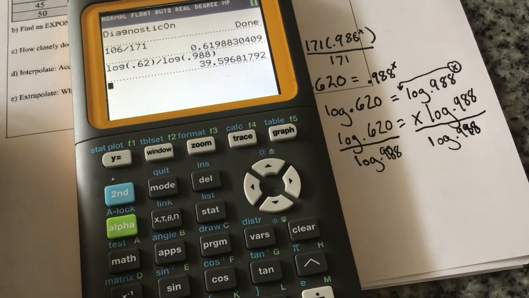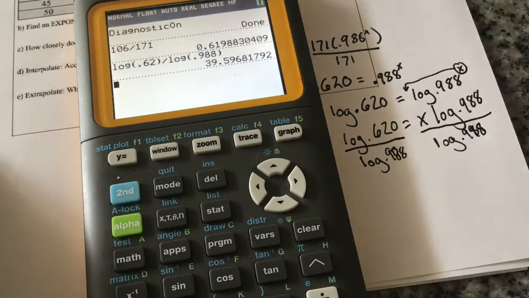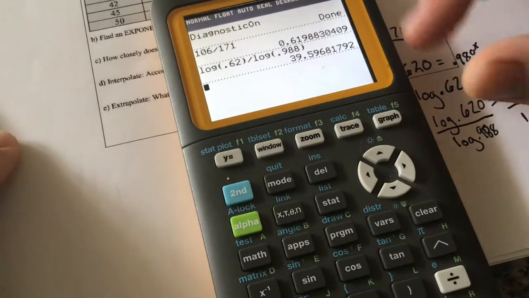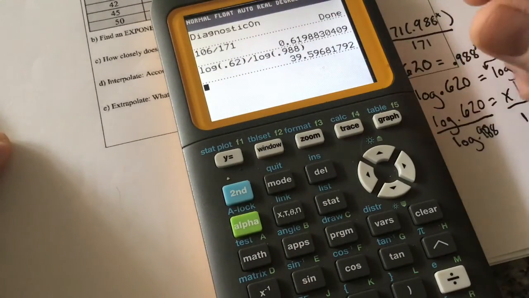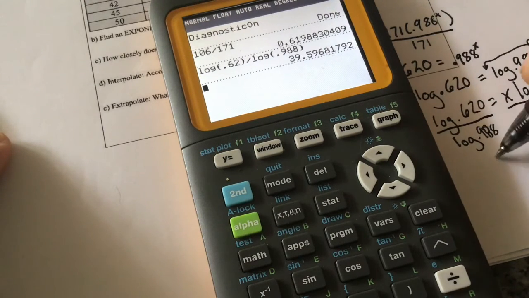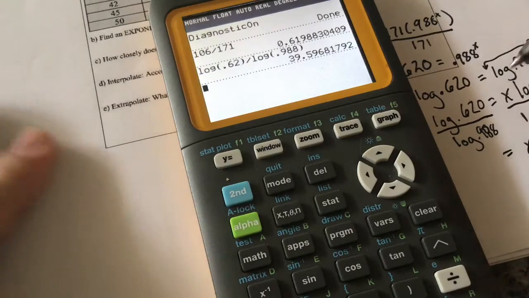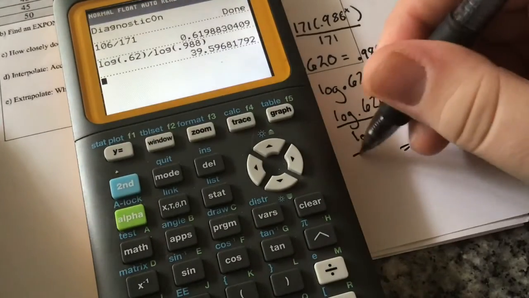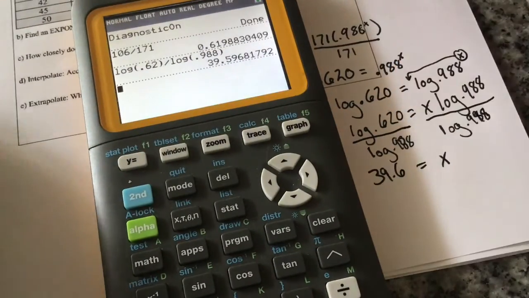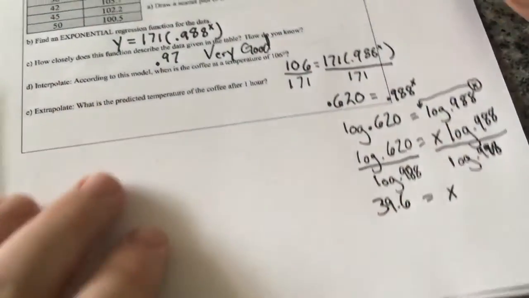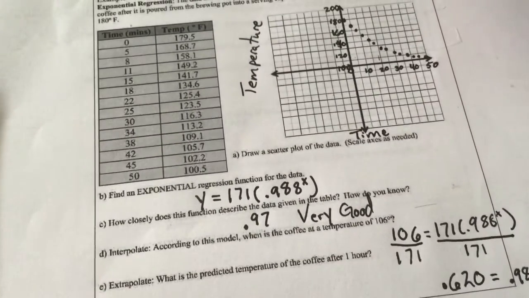So that tells us the number of minutes for it to reach 106 degrees is approximately 39.6 or 40 minutes. However you want to round that is okay. So x equals 39.6. Now we can check to see if this makes sense with our data.